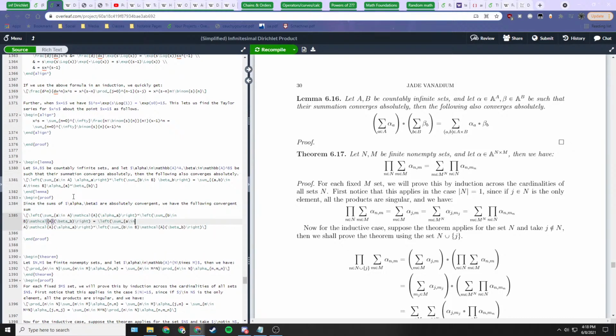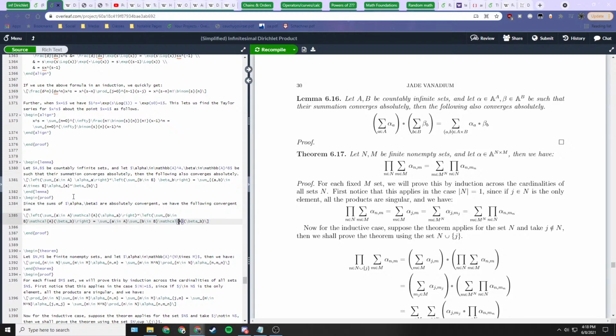We'll keep this A sum first and this B sum second. But we will use the distributive law to pull this absolute value of alpha a inside.